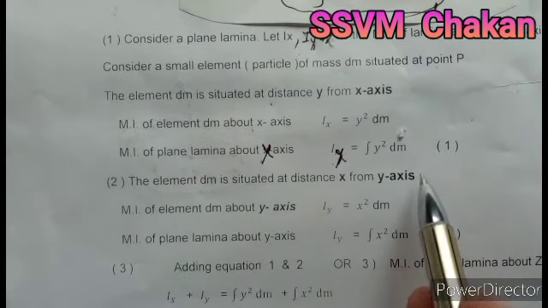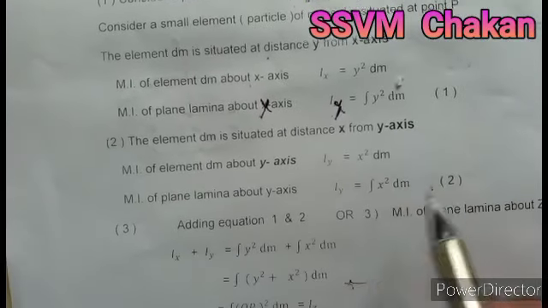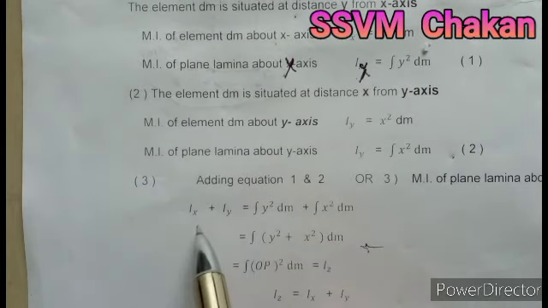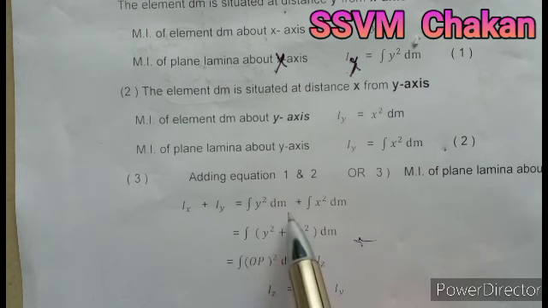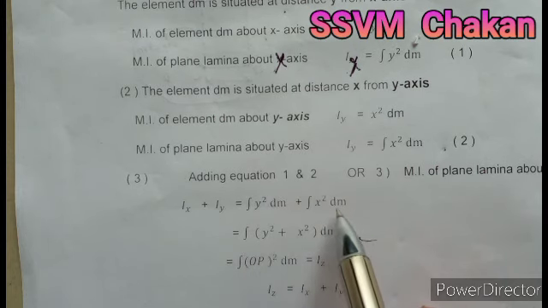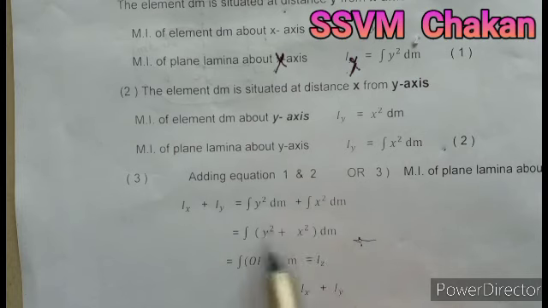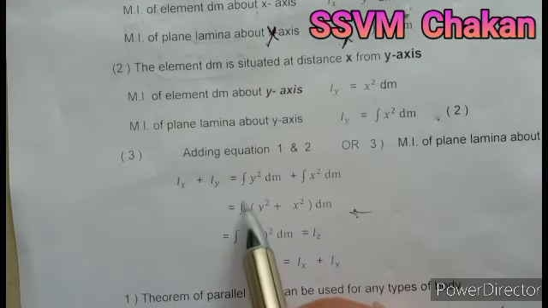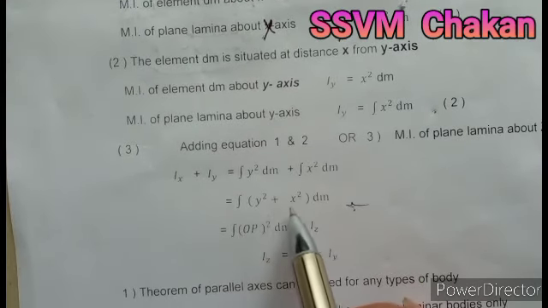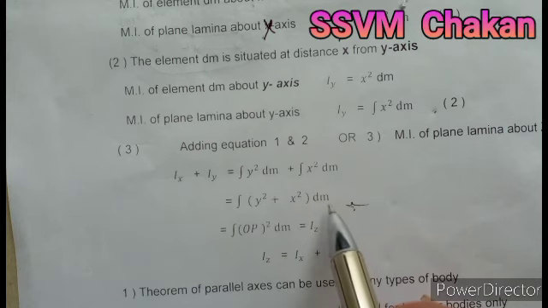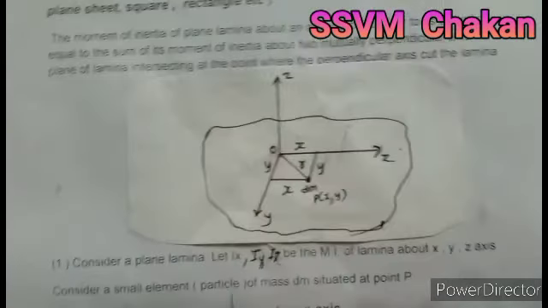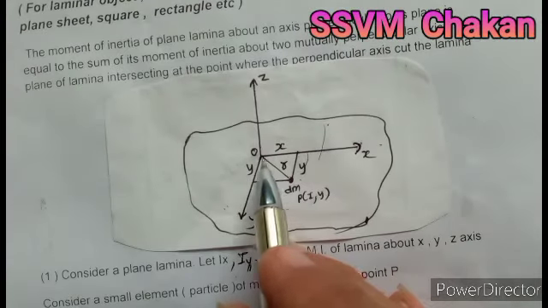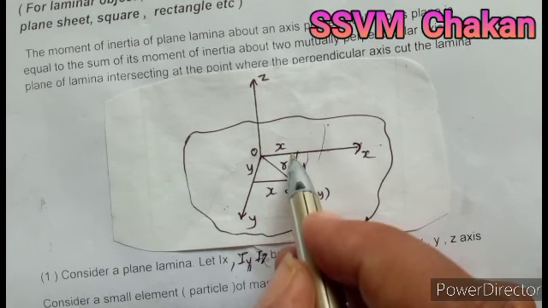We add equation 1 and 2 together. After adding, Ix plus Iy is equal to integration y square dm plus x square dm. Take integration and dm as common. We get integration of (y square plus x square) dm. From the figure, this distance is y, this distance is x, and this angle is 90 degrees.